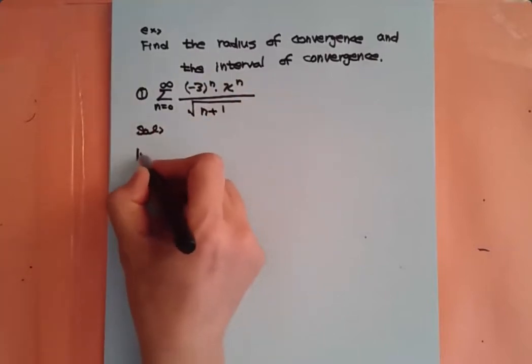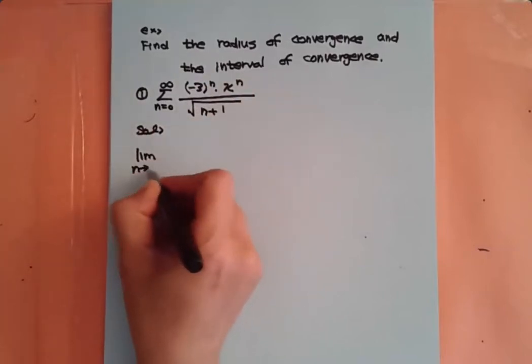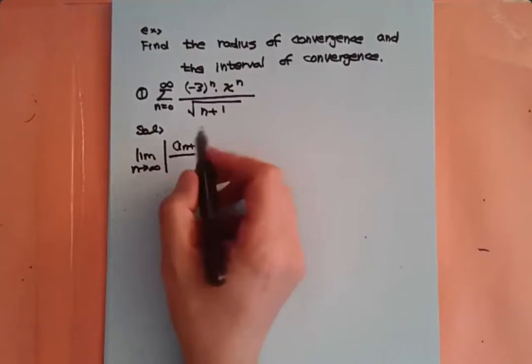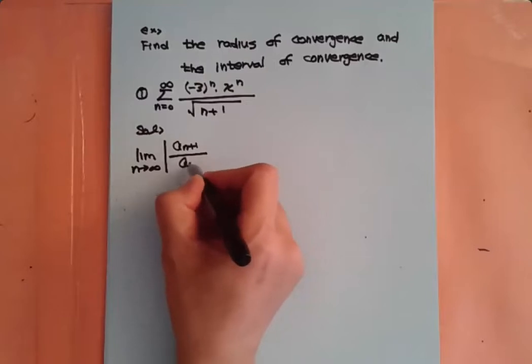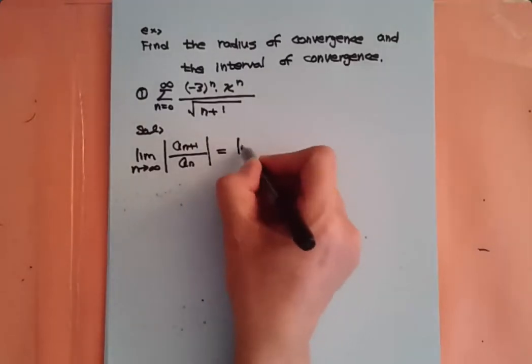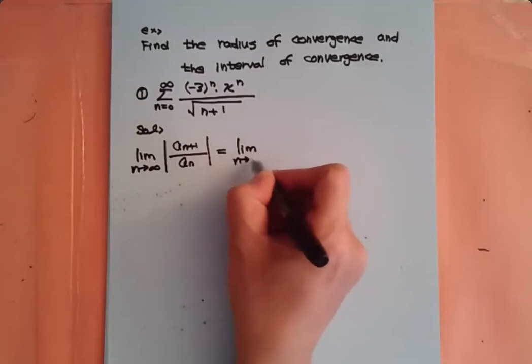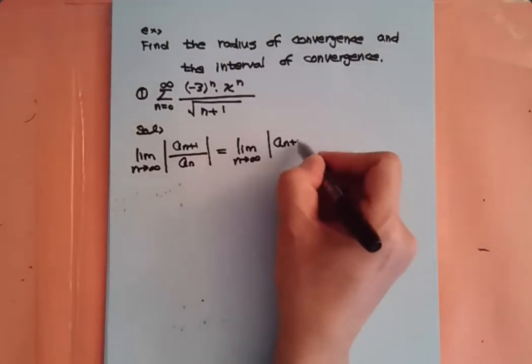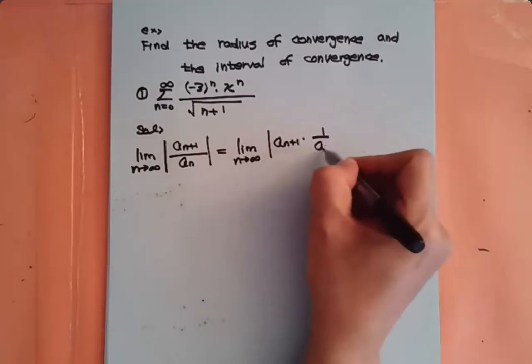So we will use the ratio test. Limit n goes to infinity of a n plus 1 over a n, which equals a n plus 1 times 1 over a n.